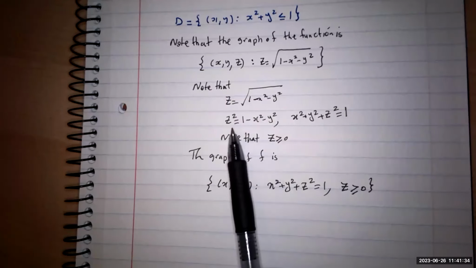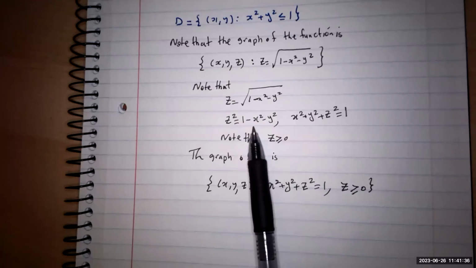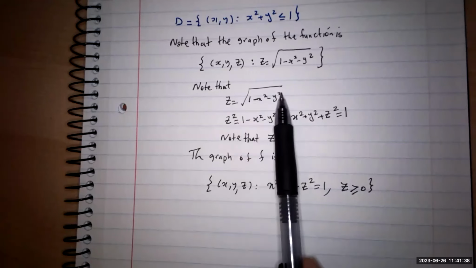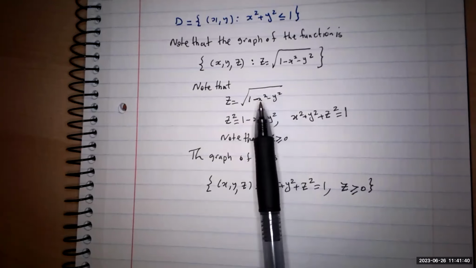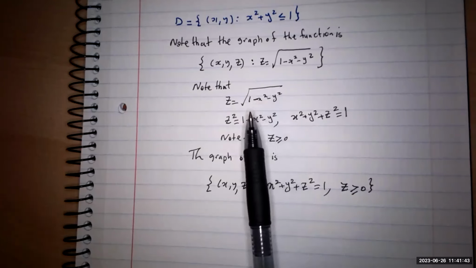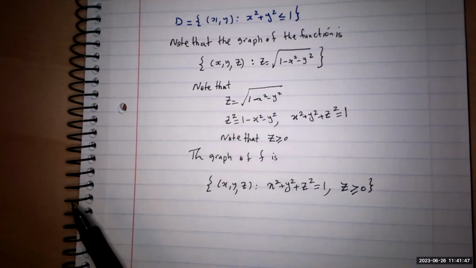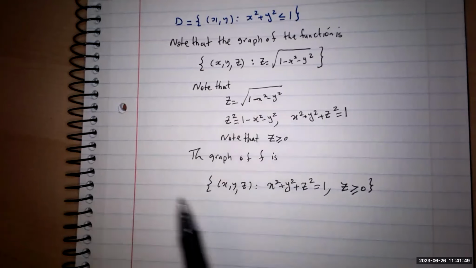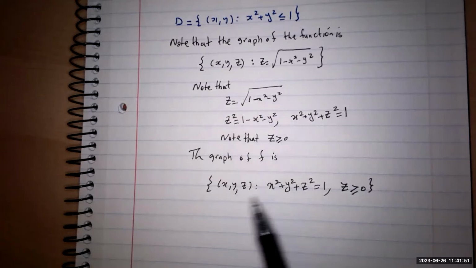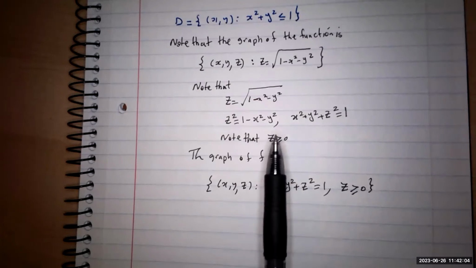If you take the square root, there are going to be positive and negative values. When you get the positive, in the case of the circle, it's the upper semicircle. When it's negative, it's the lower semicircle. If you are in three dimensions, the semicircle changes into the hemisphere. So it's going to be the upper hemisphere and the lower hemisphere. In this case, it's going to be the upper hemisphere.